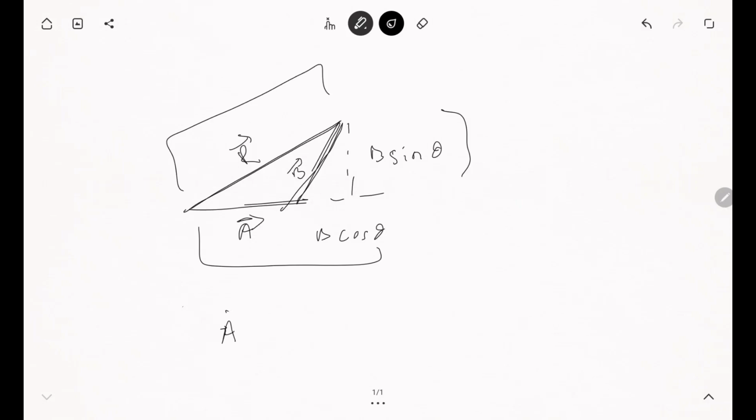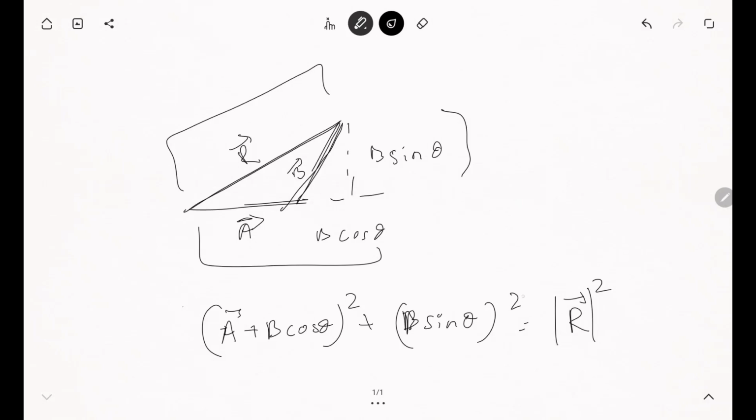So a vector plus b cos theta the whole square plus b sine theta the whole square equals the resultant vector whole square. Now, since we are not going into direction, we'll just be taking the magnitude. So this, and this. So we are just getting the magnitude now.